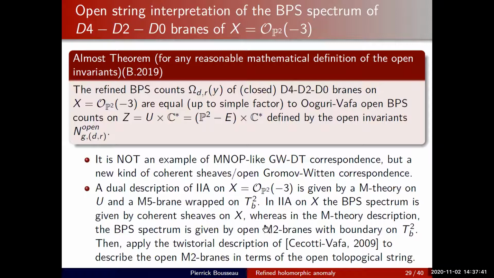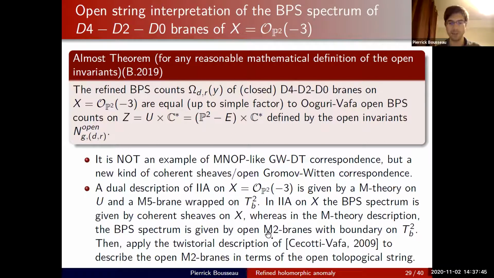Yeah, the open topological string on the twistor space. That's right. The fact that the BPS spectrum is given by a count of open M2 branes, I agree, is much older. But the fact that you consider this twistor space to relate this open M2 to open topological string on this twistor geometry is what is contained in this paper.